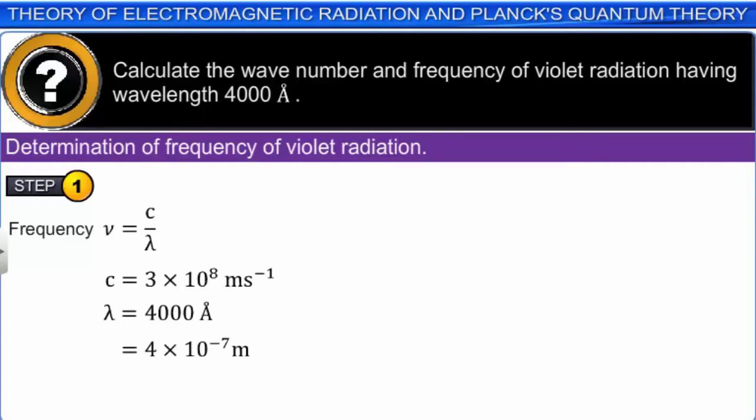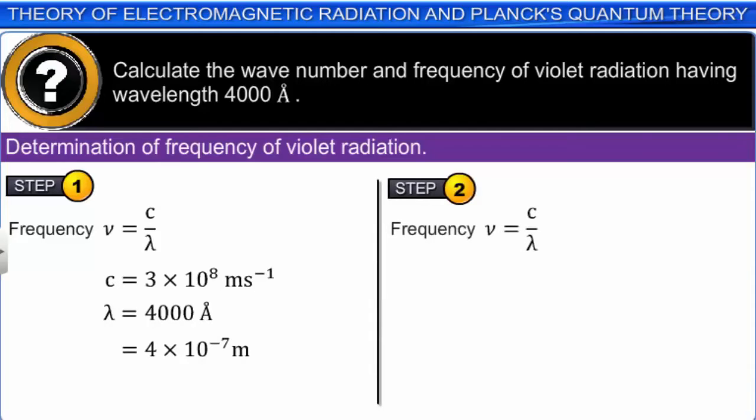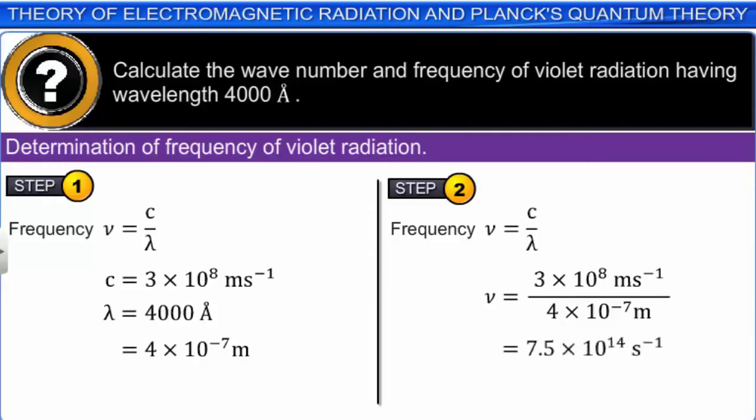The second step involves substituting the value of lambda, that is 4 multiplied by 10 raised to the power of minus 7 meter, and velocity of radiation, which is equal to 3 multiplied by 10 raised to the power 8 meter per second, in the given equation. On solving, finally we will get 7.5 into 10 to the power 14 per second.